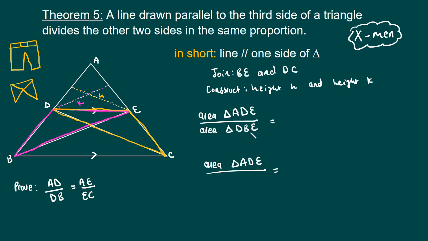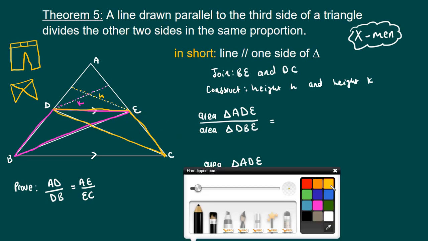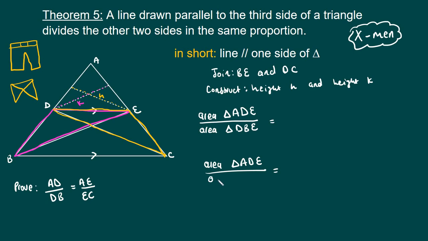That is why I say DB, DB, and then I just say E: DBE. On the one at the bottom, I'm still going to say area of triangle. You see what is happening here? It's EC, so I'm going to write EC, and then I'm going to have D, to say ECD.